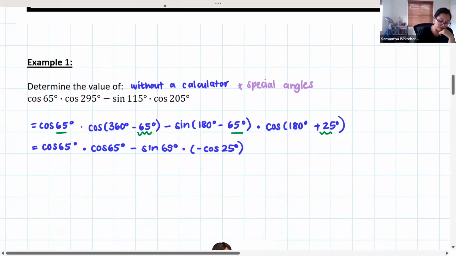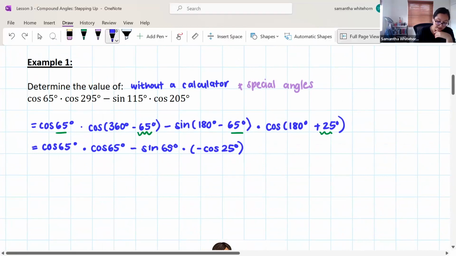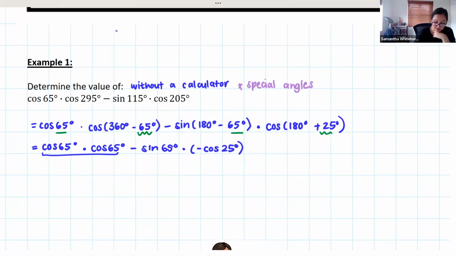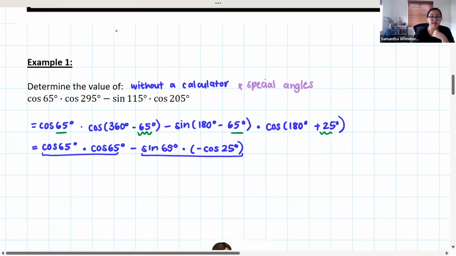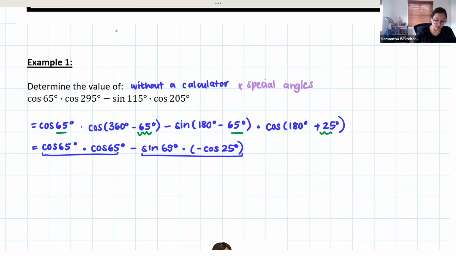Okay, so in terms of what I've just shown you here, my goal is that I'm going to keep this cos, but I want this now to be minus sine. That's according to one of my compound angle formulae. So negative cos 25, I can write, and obviously I want to now change it to a sine, so I'm going to have to write it as a 90 plus or minus.